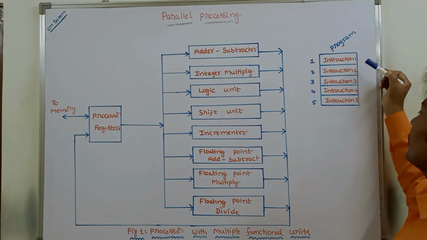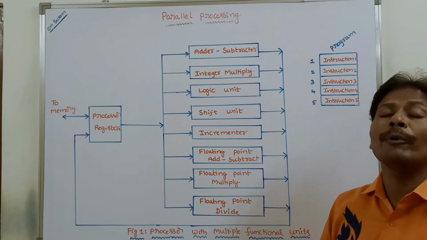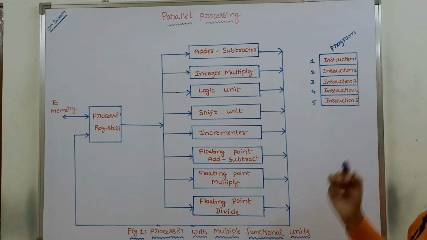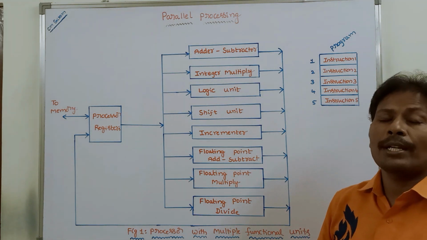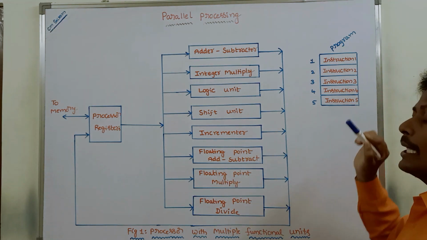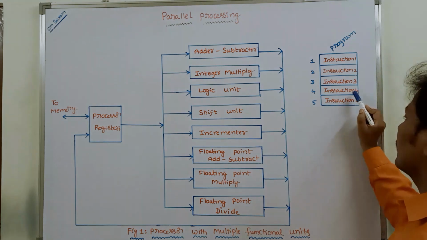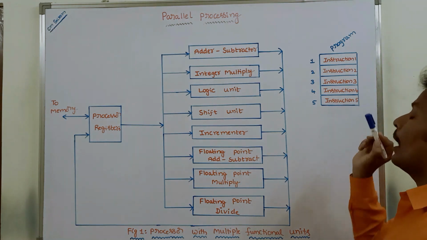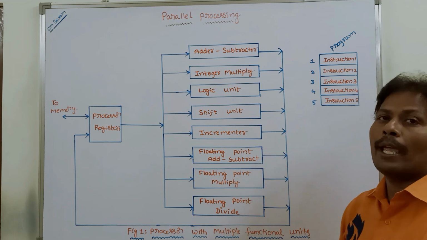To perform these 5 operations, we require 5 ALUs. The first instruction's operation can be allocated to the first ALU, the second to the second ALU, the third to the third ALU, the fourth to the fourth ALU, and the fifth to the fifth ALU.